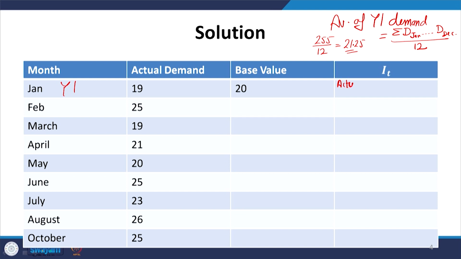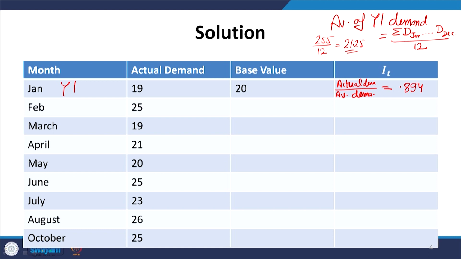So, it is 19 divided by 21.25, which comes to 0.894.